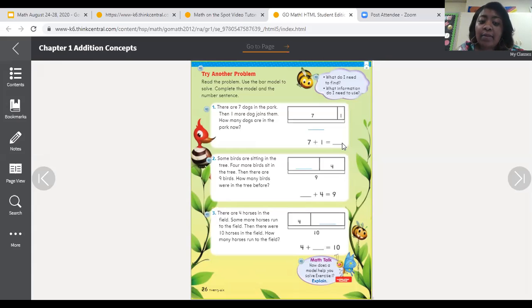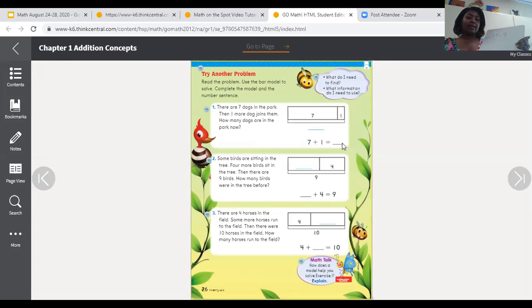Then there are 9 birds. How many birds were in the tree before? So there were some birds, I don't know. Then 4 more came. And then in all, I know that there were 9. So there were some birds, 4 birds, and I have a total of 9 birds.